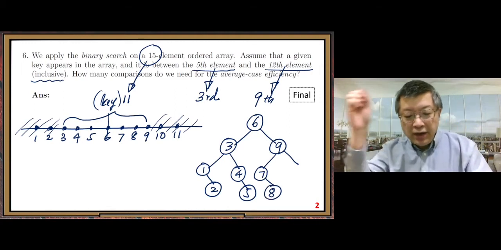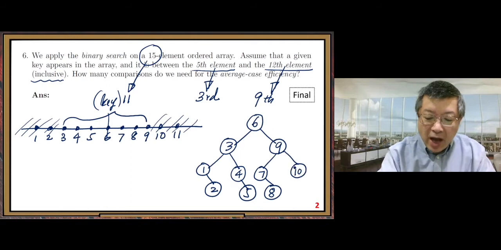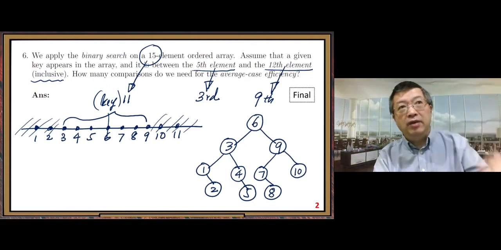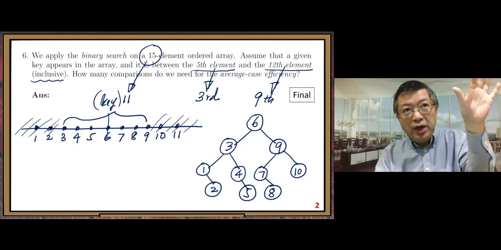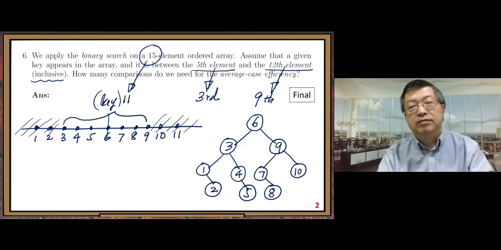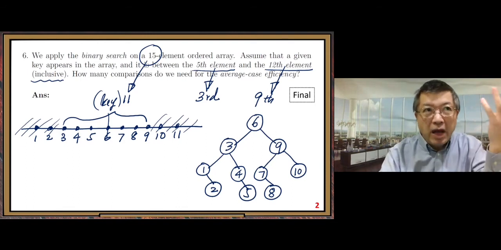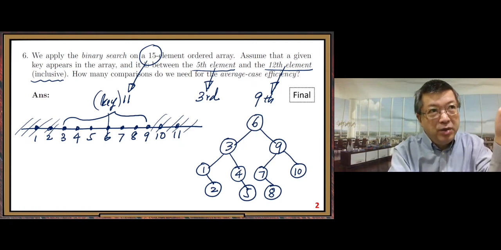The right hand side, we compare 10 first. You may ask me why you compare 10, not 11, right? Because when we do the split, we use the left median as the median. Usually you have left median, right median.